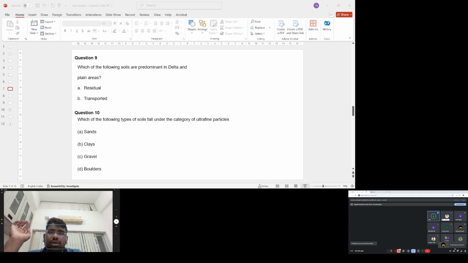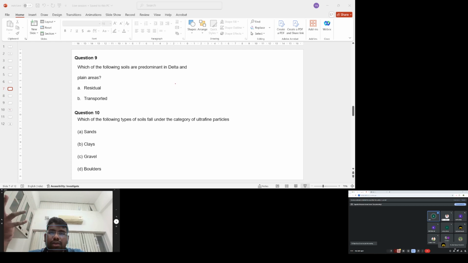At a particular location in this region, some particles are getting deposited here. Since the velocity is the same, what is your comment on the size of the particles? It is uniform.